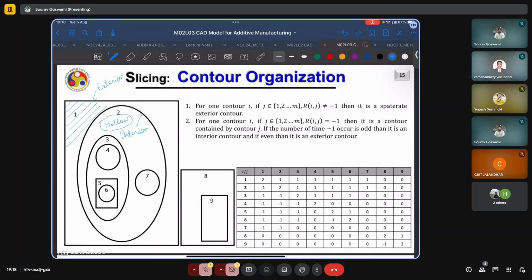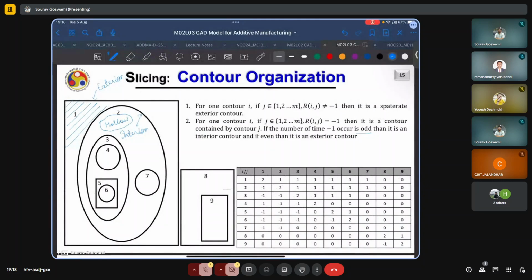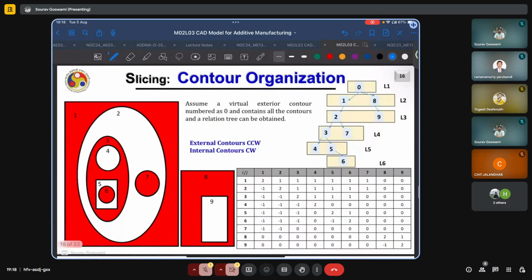And if you are looking at any contour I, if the number of times minus 1 occurs in this relationship matrix is odd, then it is an interior contour, and if it is even, then it is an exterior contour, which is also illustrated here by the color red. So wherever the areas are filled with red color, those are exterior contours because they contain material, and all the hollow contours are filled with white color.